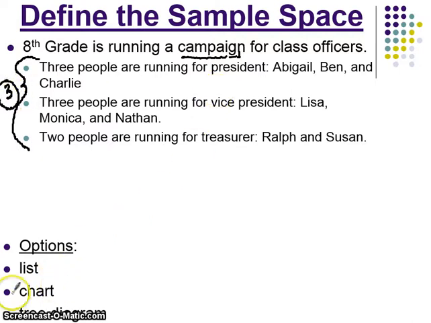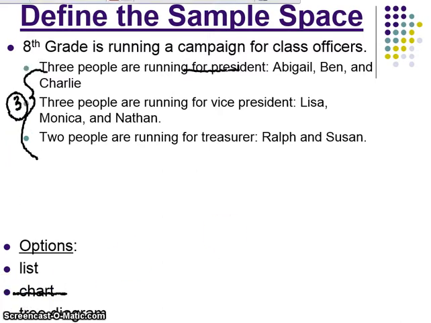This rules a chart out as a possibility for showing the sample space because a chart can only show 2 choices. So our only options are a list or a tree diagram. Now, because there are 3 choices for president, 3 for vice president, and 2 for treasurer, the fundamental counting principle says if we multiply these, we'll know how many items are in the sample space.